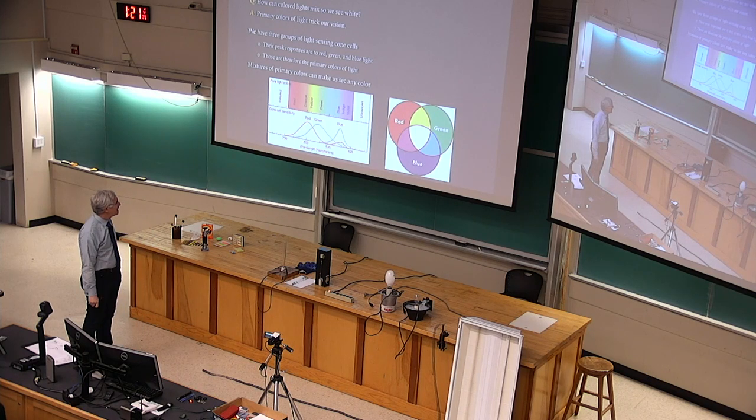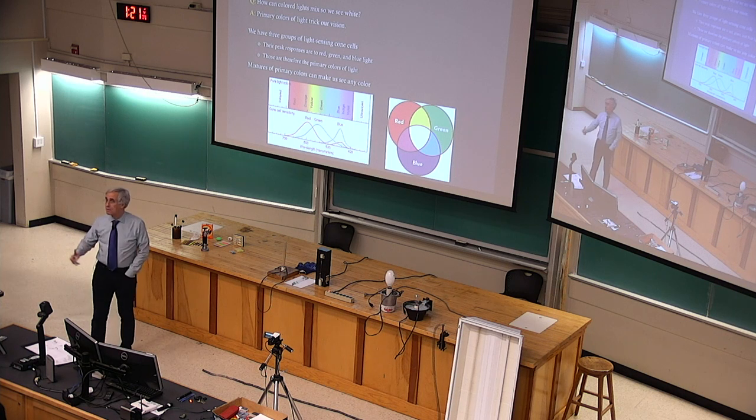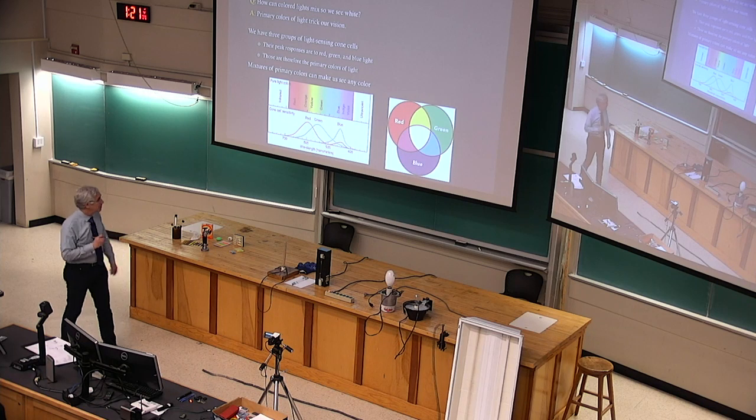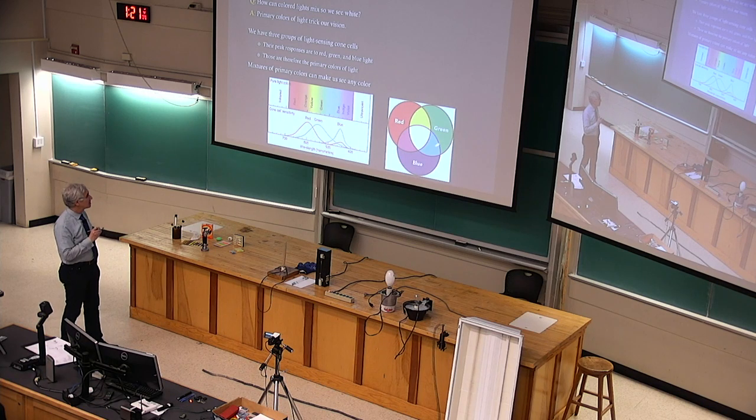One thing I want to say about color vision. Some non-trivial fraction, particularly I think of men, have color vision problems. It's sex related. It's related to the X chromosome.